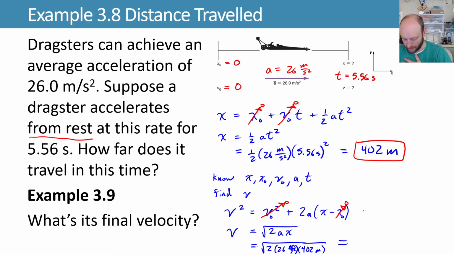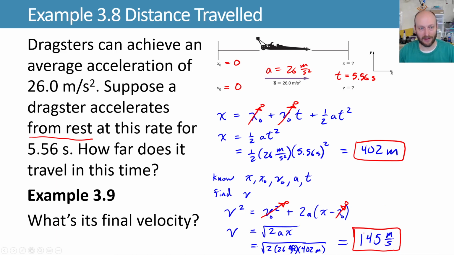And when evaluated, we get 145 meters per second. It's pretty darn fast. That's assuming that we keep accelerating at that rate throughout. That gives us a final velocity of 145 meters per second at the end of that time interval.